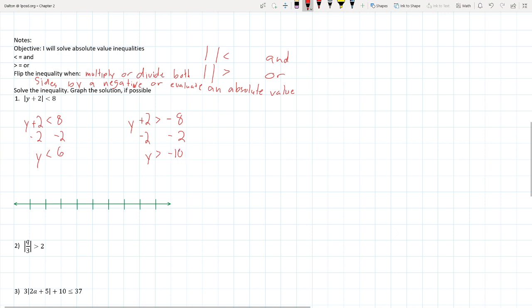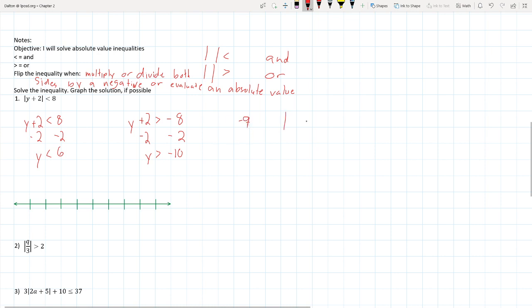Now, a lot of times whenever I do this, I like to double check my work and make sure that it actually worked out right, especially this right one. So I'm going to put in a number that's greater than negative 10. I'm going to say negative 9.